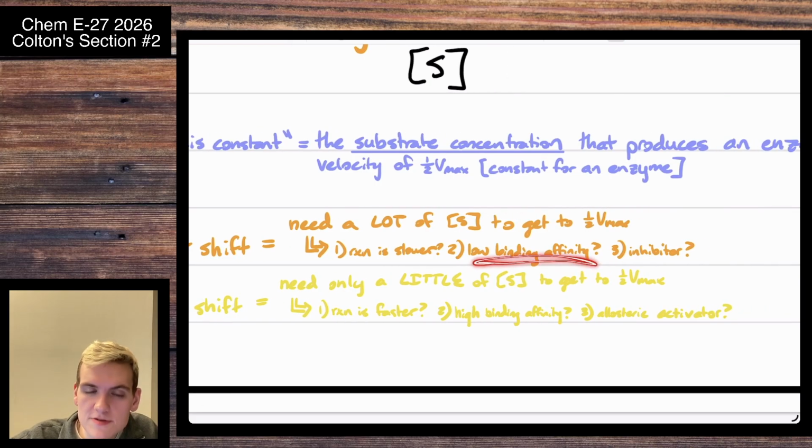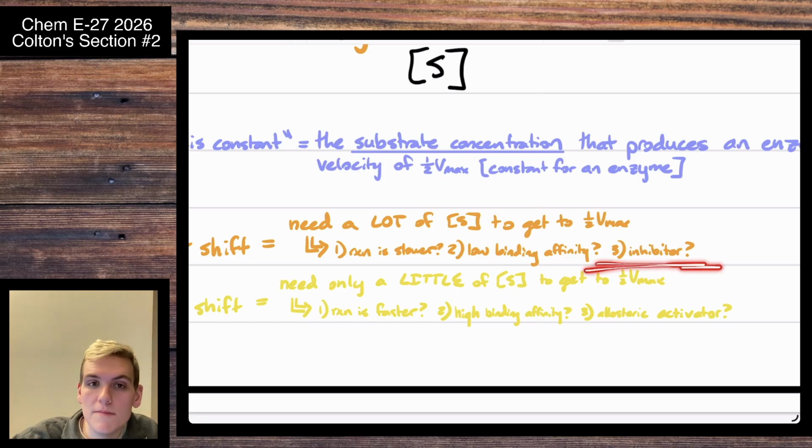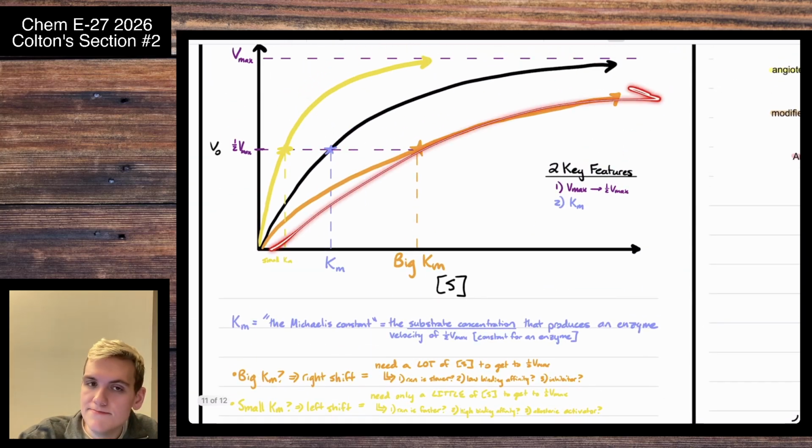It could be that there's low binding affinity, that our substrate doesn't bind very well to the enzyme, and so you need more substrate in order to get the same kind of binding and same rate of reaction. There also could be an inhibitor present, like a competitive inhibitor. So those are some reasons why we might have a larger Km.